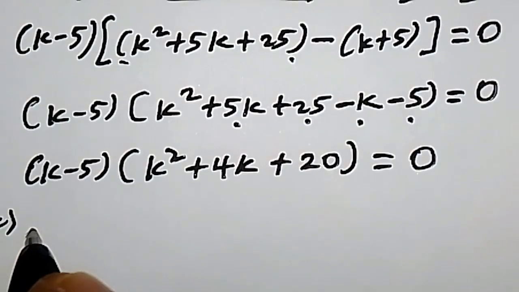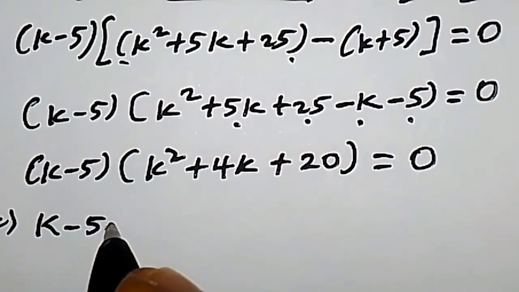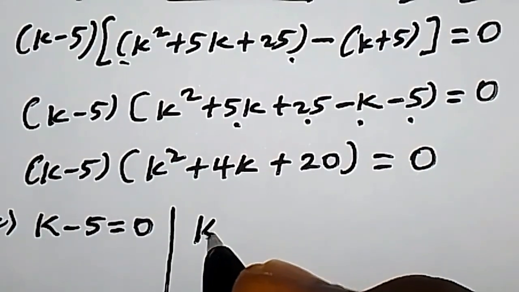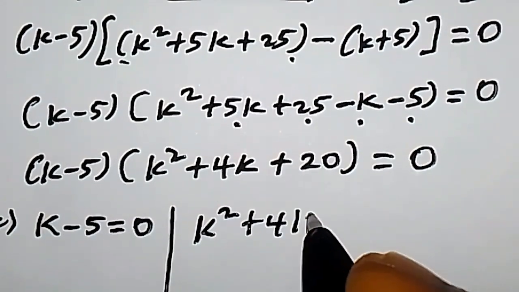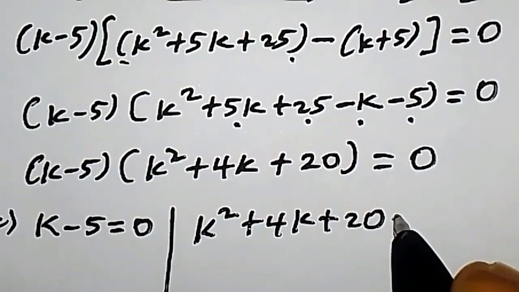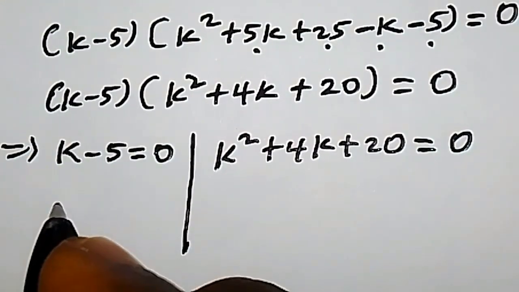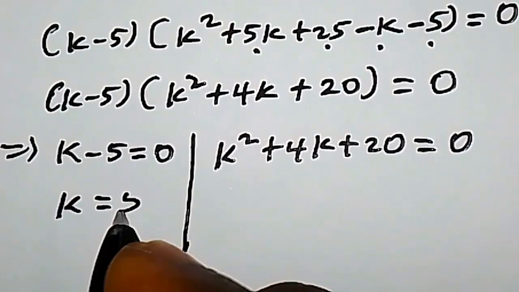This implies that k minus 5 is equal to 0, or k square plus 4k plus 20 is equal to 0. Clearly, from this line, k is equal to 5.